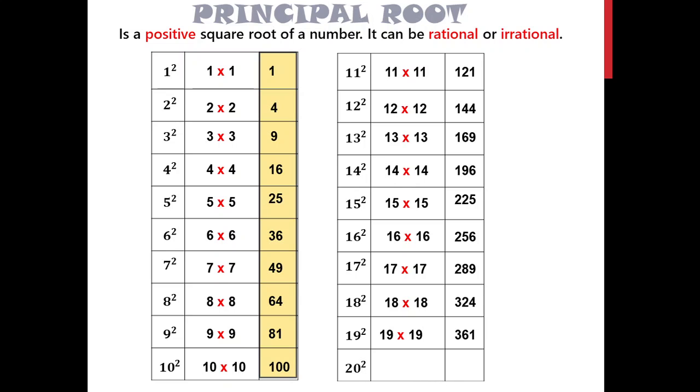And we have 20 squared, that's 20 times 20, gives you 400. Again, all these numbers here are perfect square numbers. So you have from 1 to 20, and these are the perfect square numbers.